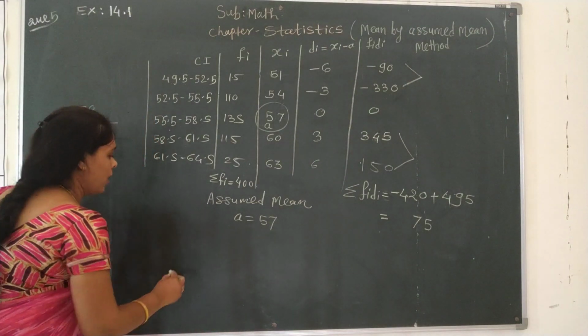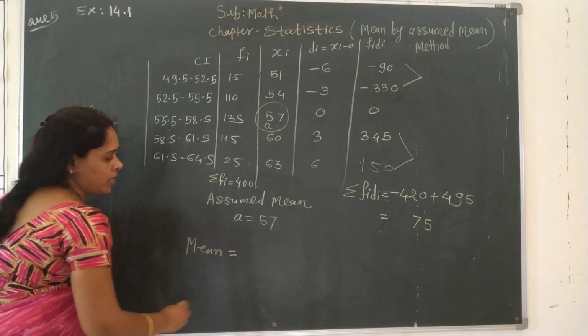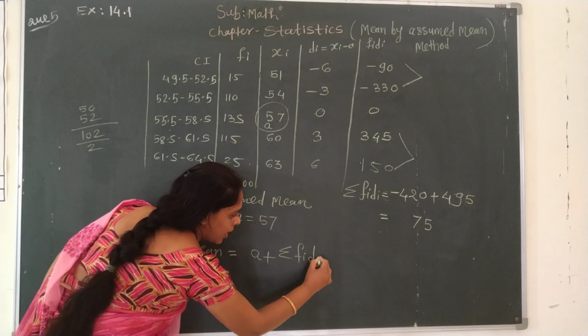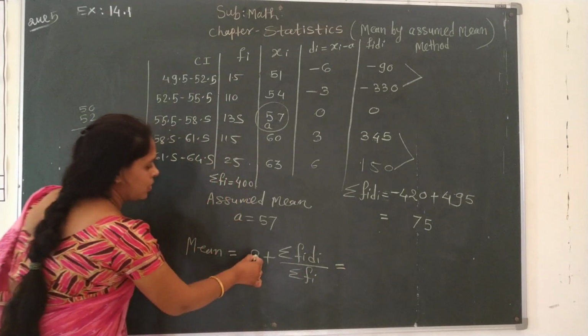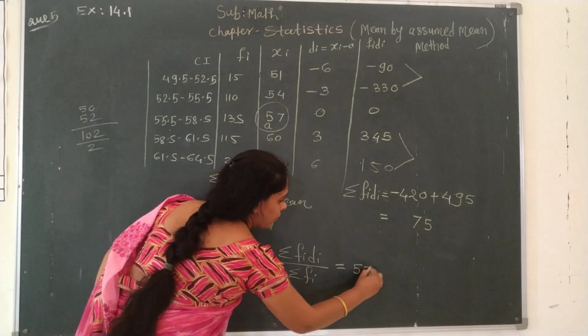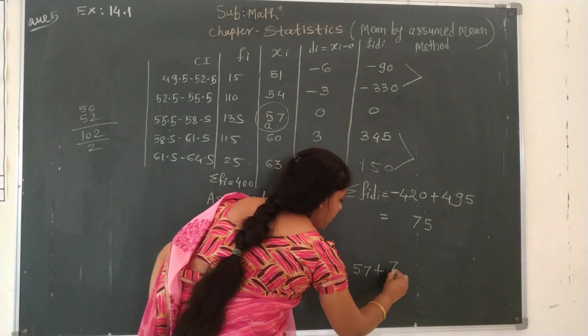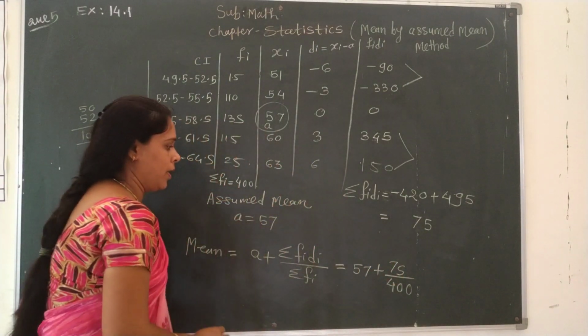Now use the formula. Mean is equal to, by the assumed mean method, the formula is A plus summation fi di upon summation fi. Our assumed mean is 57 plus summation fi di, that value is 75, divided by summation fi, 400.